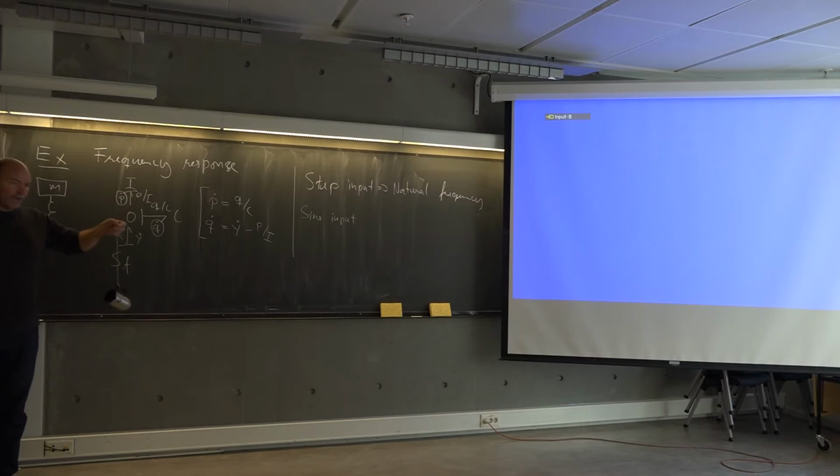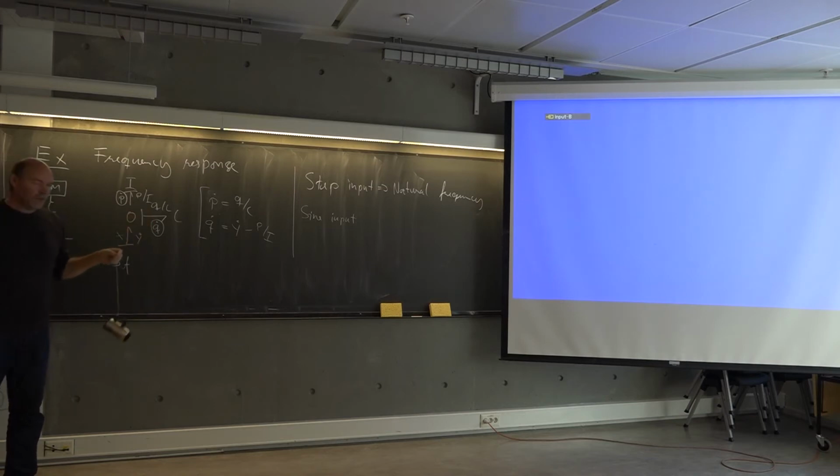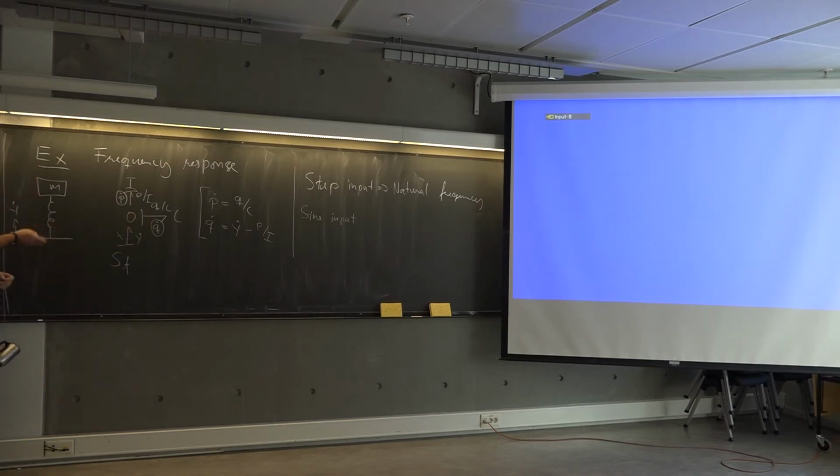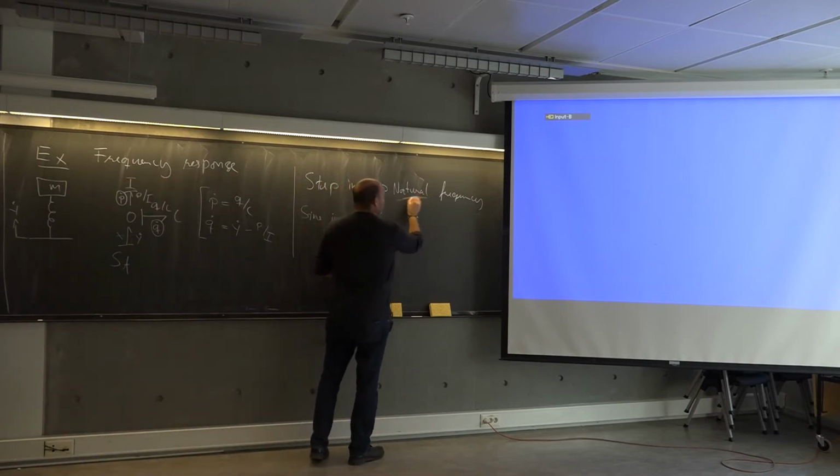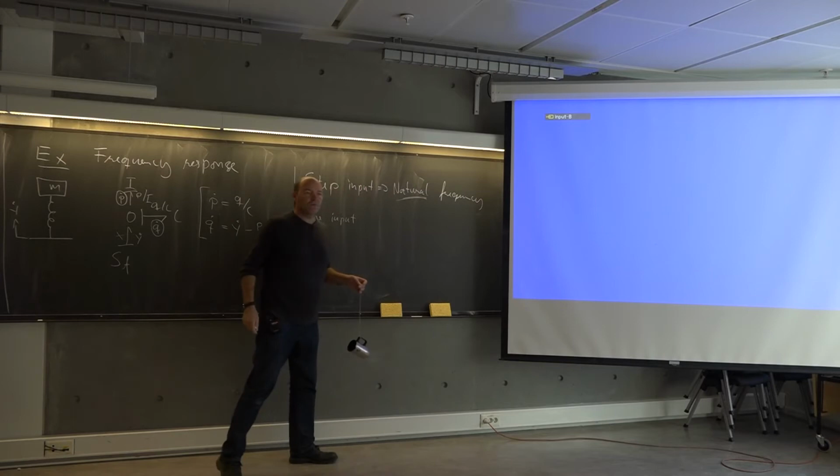If you do it very fast, then you're doing it so fast that the mass doesn't have time to react. The mass doesn't move at all if you're fast enough. Same will be here. Way too fast, and the mass is just staying there. But if you hit or are getting close to the natural frequency, then what happens?